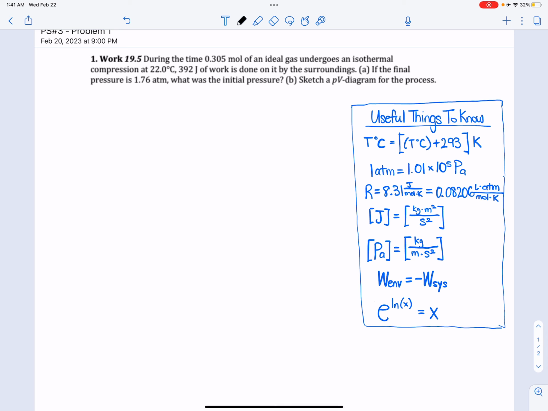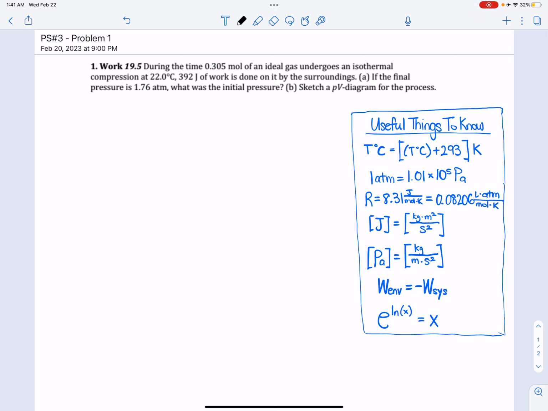So again, let's write down the things we know from the problem. We have 0.305 moles. We have an ideal gas, right here, that undergoes isothermal compression. So isothermal means temperature doesn't change.